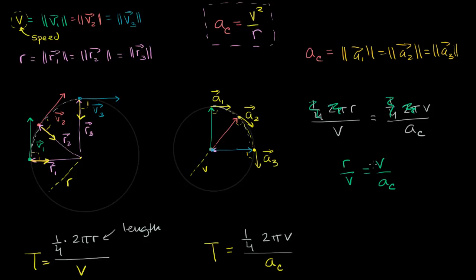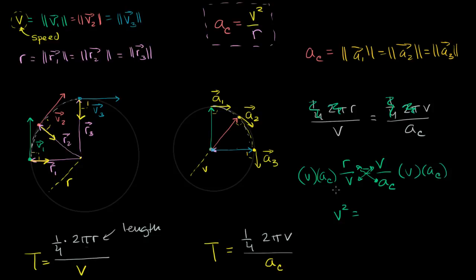And now you could cross multiply, and so you get v times v. I'm just cross multiplying right over here. v times v, you get v squared is equal to ac times r. And cross multiplying, remember, is really just the same thing as multiplying both sides by both denominators, by v and ac.